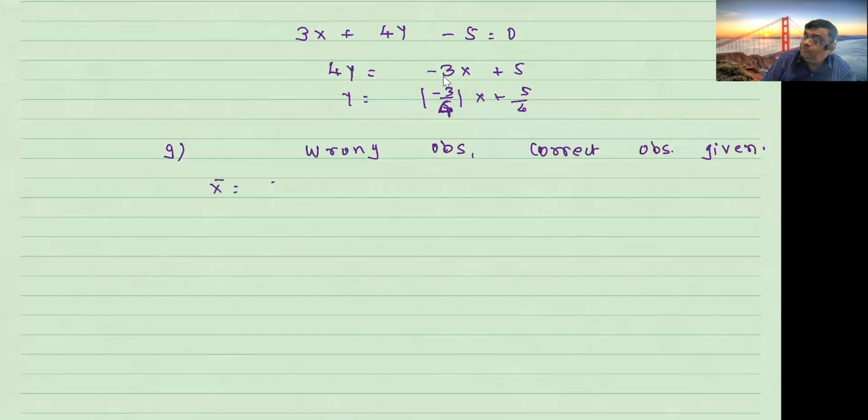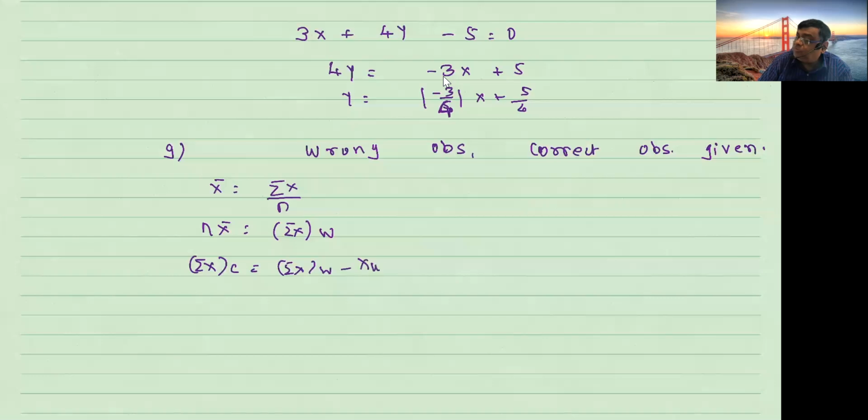Remember, x bar is equal to summation x over n. So n into x bar is summation x, but that is wrong. Summation x correct is summation x wrong minus x wrong plus x correct.